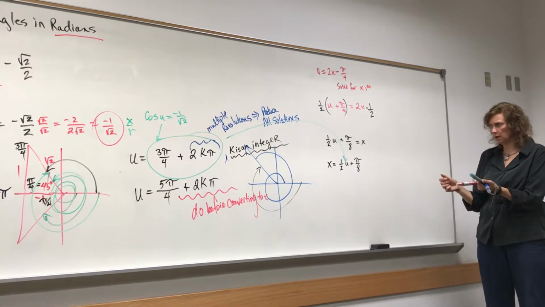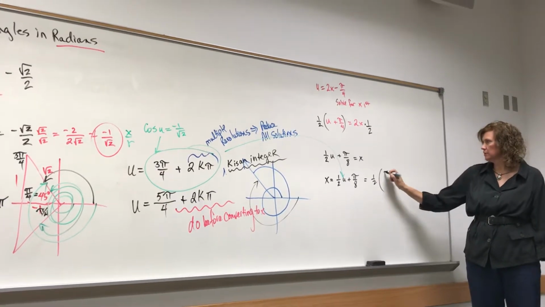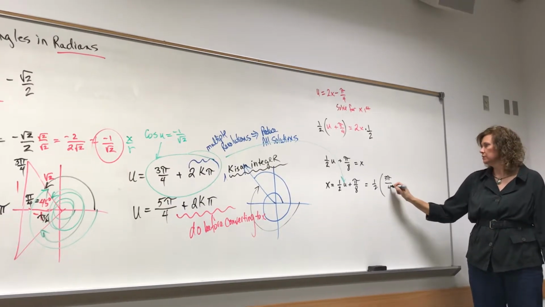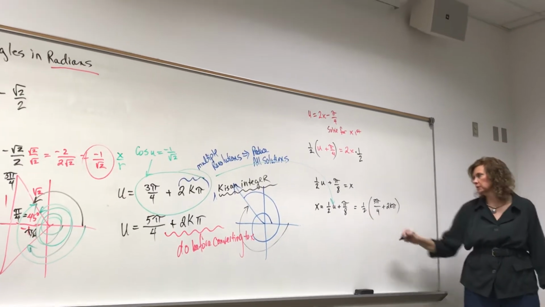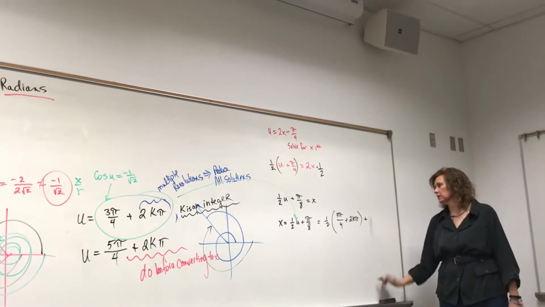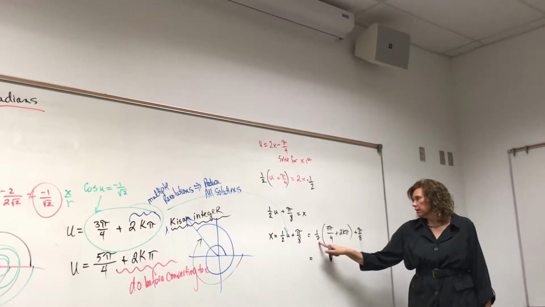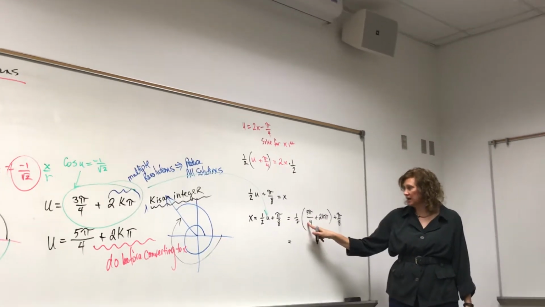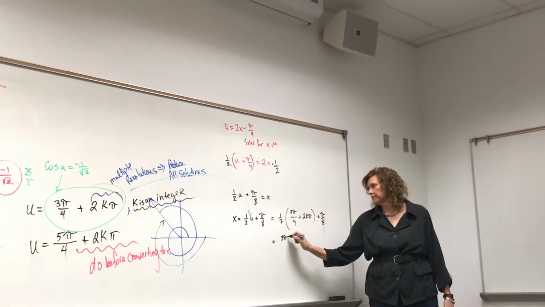So what do I get? 1/2 of 3 pi over 4 plus 2k pi, don't forget the plus pi over 8. So what do we get? 1/2 times 3 pi over 4 is 3 pi over 8.